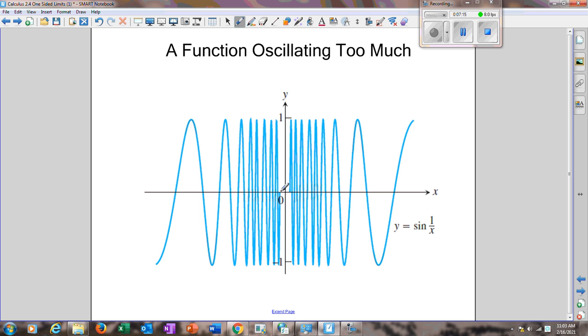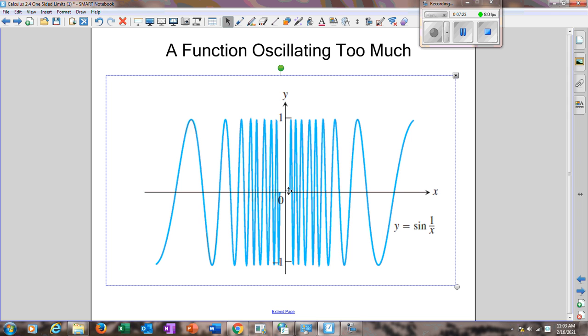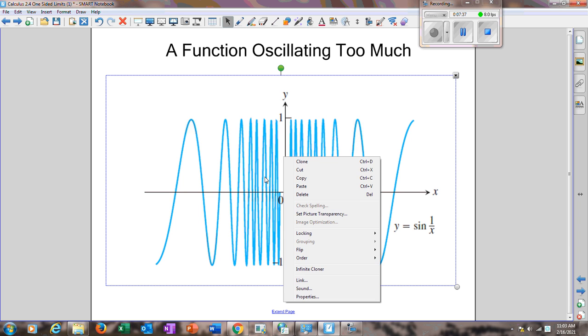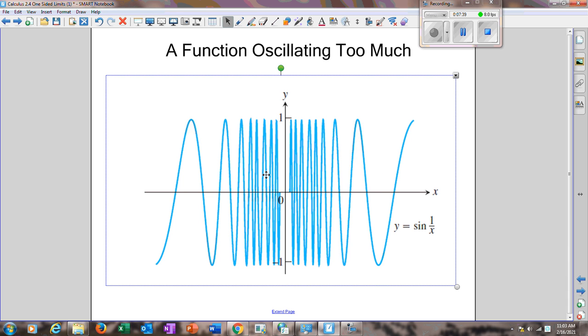And so there's nothing there. In all reality, there is something there. It's oscillating so much that our graphing tools can't even handle it. So whenever our function gets tighter and tighter in, like see how it's spread out further, and then they just keep getting closer and closer together? It means that this function oscillates too much, and it makes it impossible to find a limit.